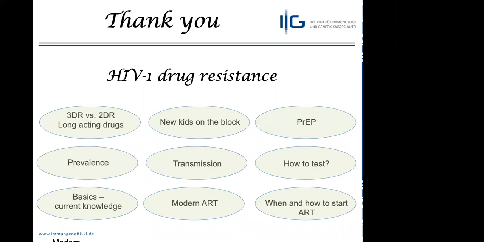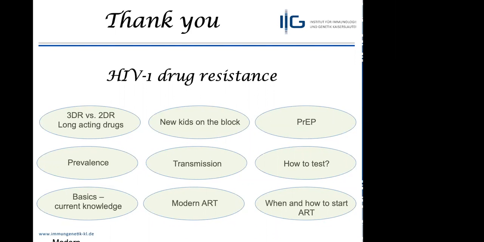We have learned in recent years, and this is one of the new concepts, that drugs differ in penetrating different tissues, and several drugs might not reach every tissue in the same concentration. So at one point, wild type might be able to replicate just because of the concentration. And if we have these high genetic barrier drugs, we might be quite lucky that the concentration is too low to select for drug resistance.